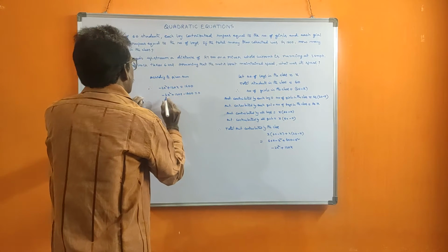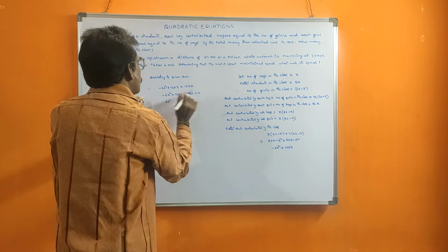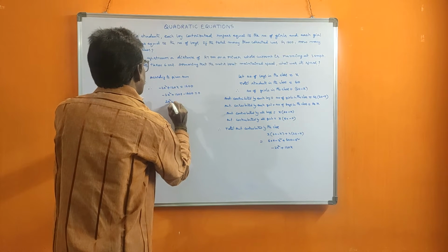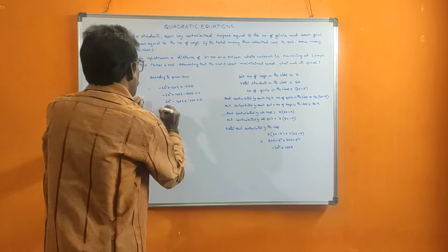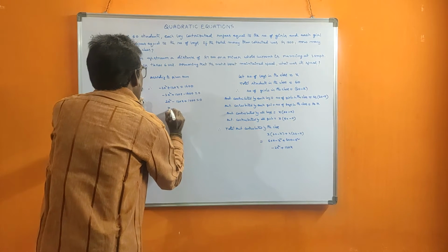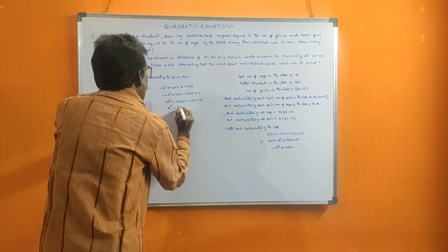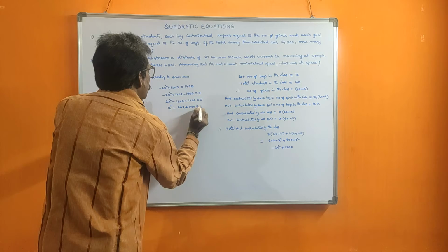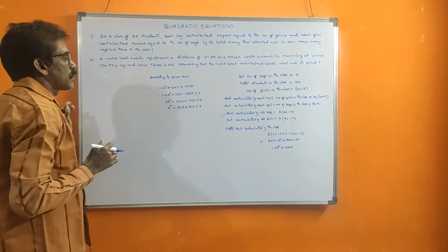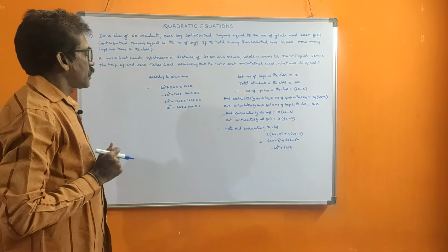You don't want the minus on the x square term, so you can multiply with minus, because 0 is on this side. 2x square minus 120x plus 1600 is equal to 0. Divide by 2: x square minus 60x plus 800 is equal to 0. We reduced it and wrote it in the standard form of a quadratic equation.